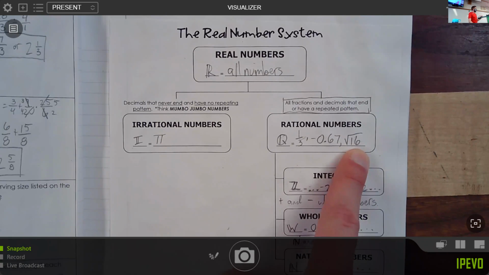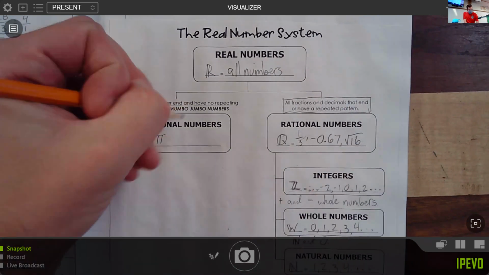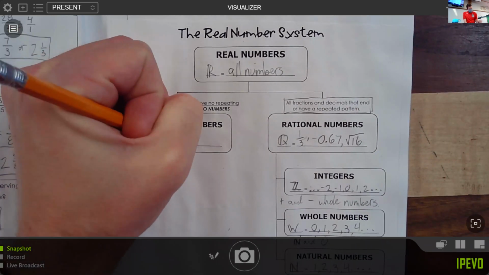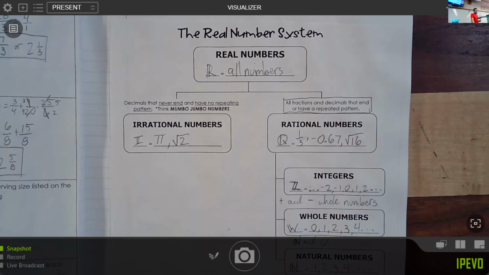However, anytime you have a square root that does not equal a whole number value, it's going to be irrational. So for example, the square root of 2. Think about that for a second. And you might be thinking to yourself, well, it's 1, right? And no, because if you take 1 and you multiply it by itself, you get 1. And if you take 2 and you multiply it by itself, you get 4.